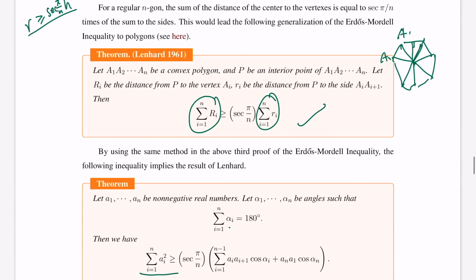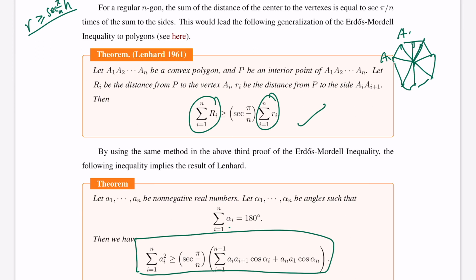Then I propose the following inequality: the square is bigger than the right-hand side. You can view this as an n-dimensional generalization of the arithmetic and geometric mean inequality. It has the freedom that you can choose the alpha i freely. It doesn't matter if an individual alpha i exceeds 180 degrees or is even negative.